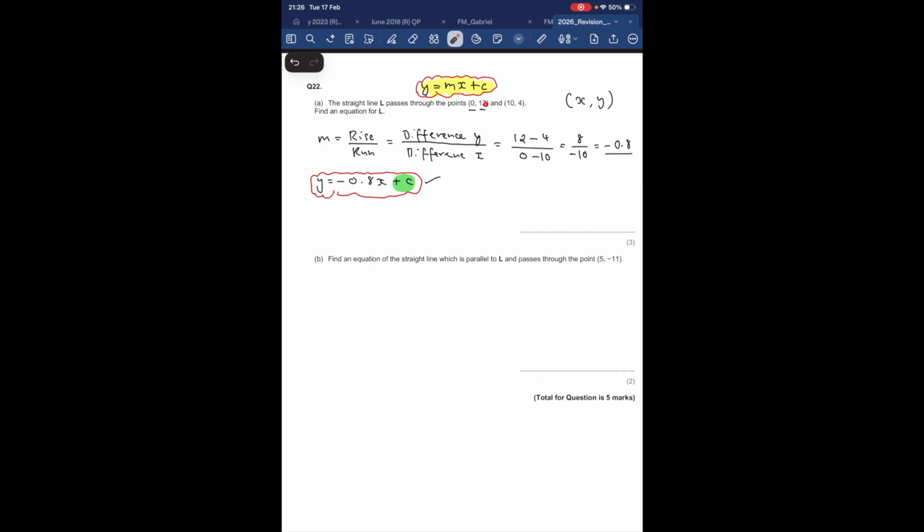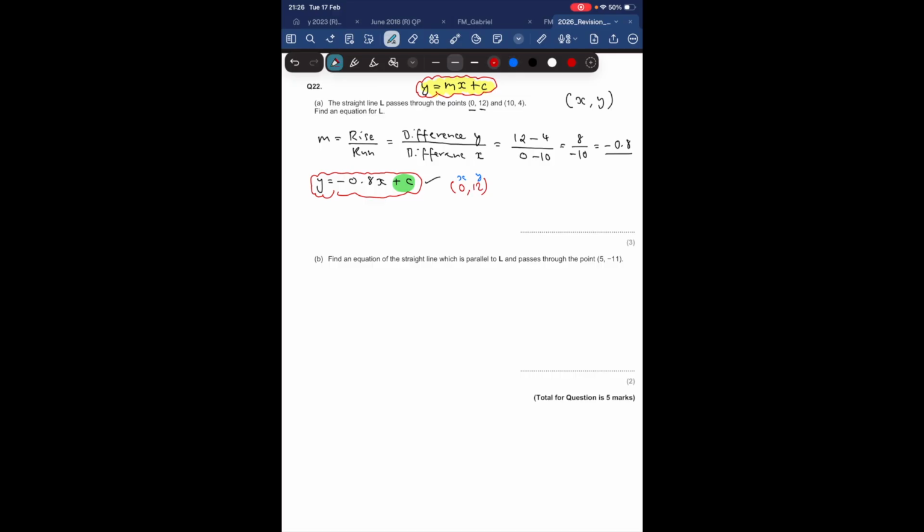I'm going to use 0, 12 because we've got a 0 here, and we know that when we have a 0, it's going to make things a bit easier when we do the substitution. So using the coordinate 0, 12, what that coordinate tells me is that when x is equal to 0, y is equal to 12.